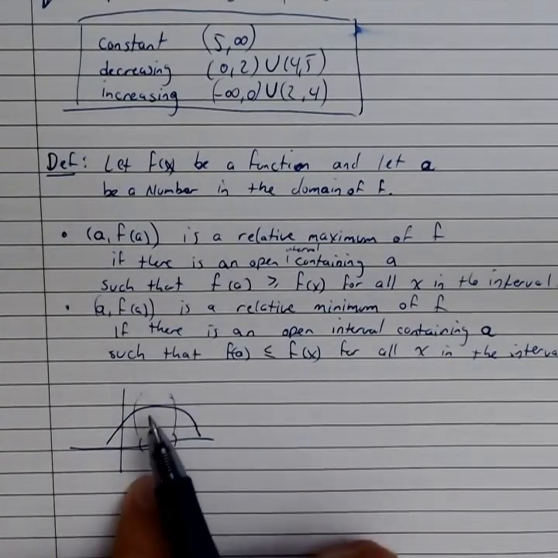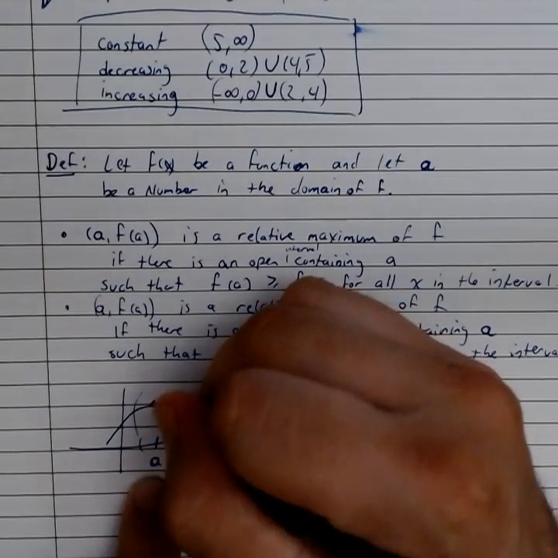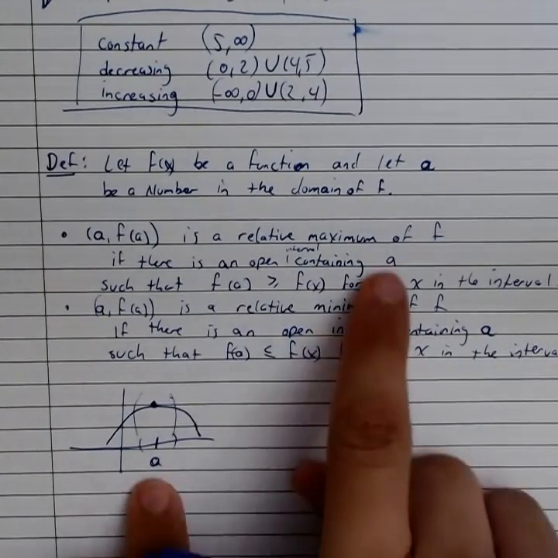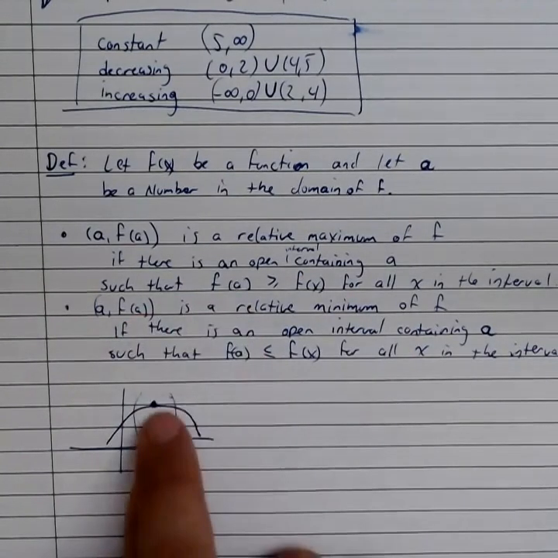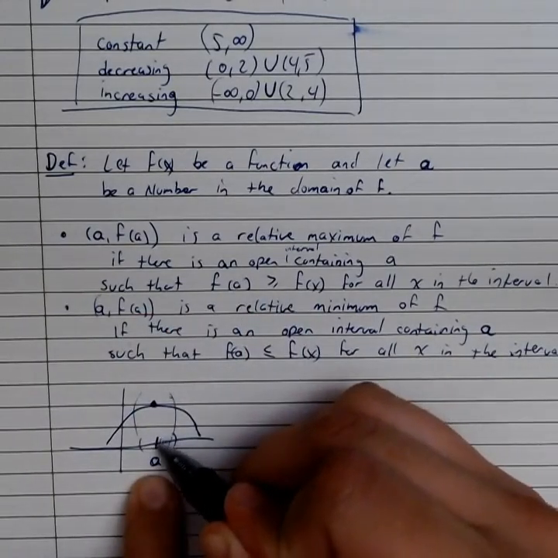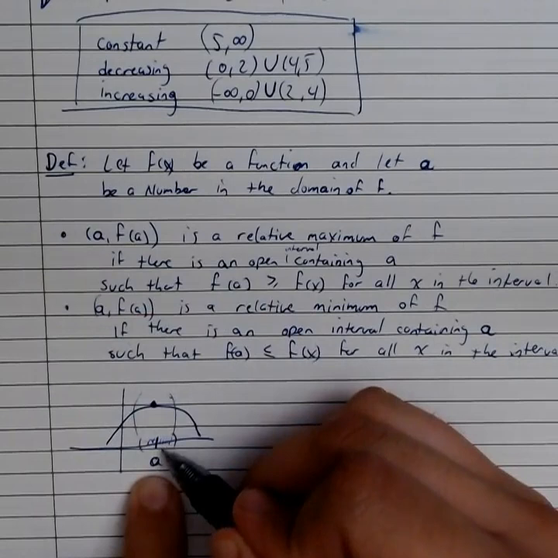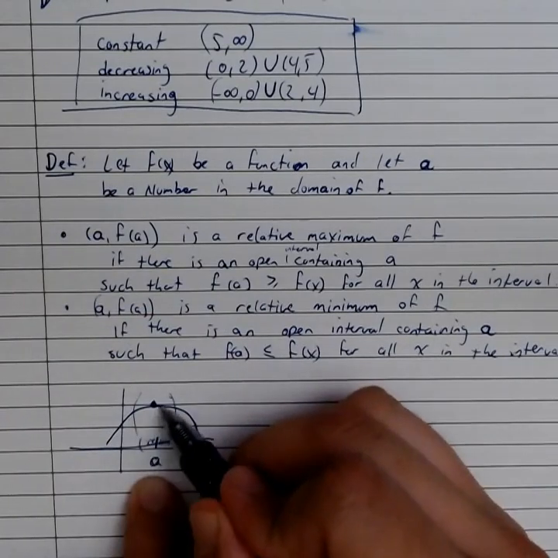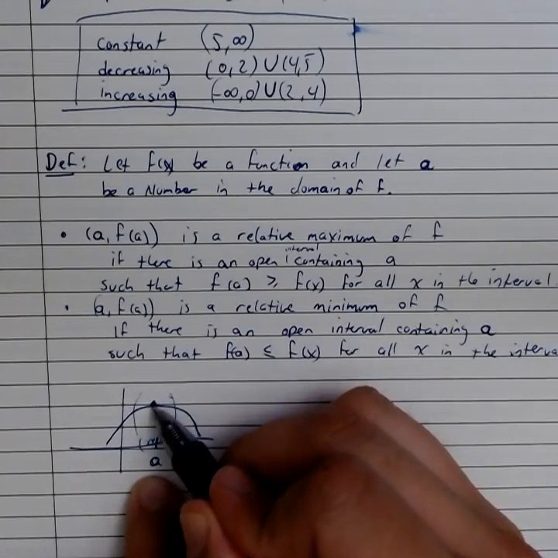Okay, in this illustration, this point right here, A comma f at A, is called a relative maximum of a function. Why? Because for every x value, for every number in this interval, if I plug in those numbers, any of them, into my function, I'm either going to get that point up there or some point that's lower.